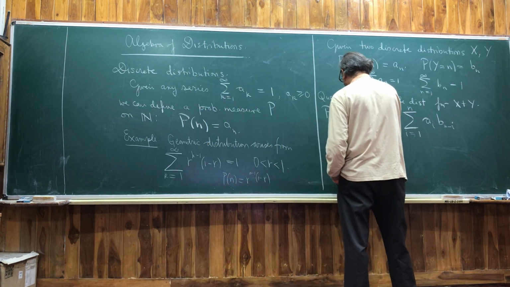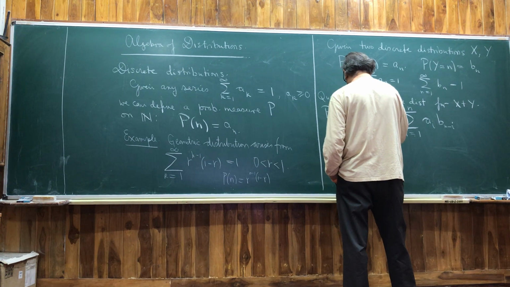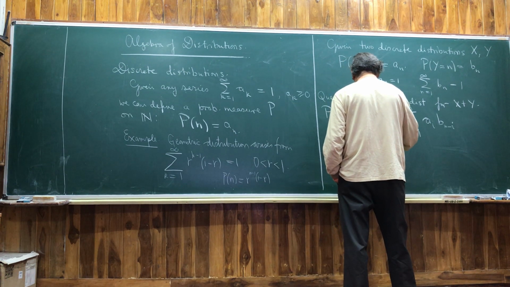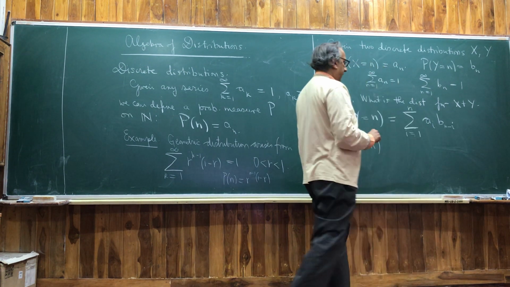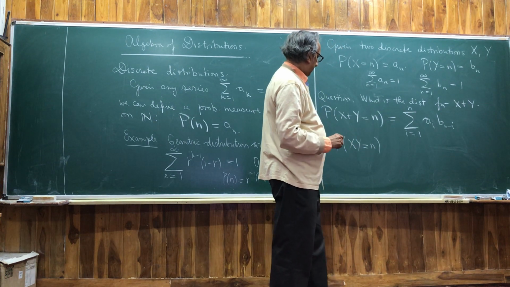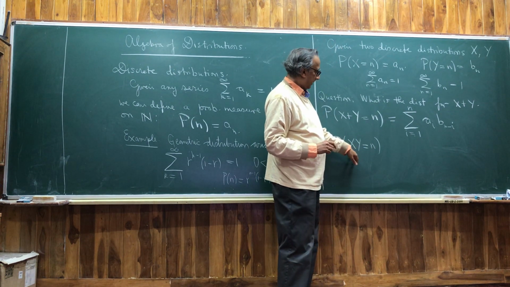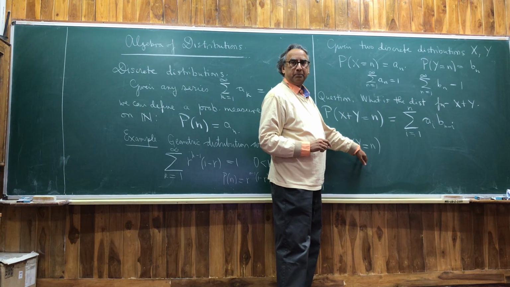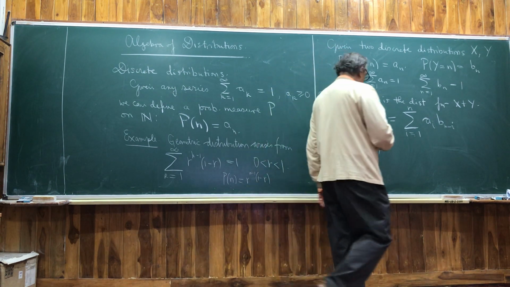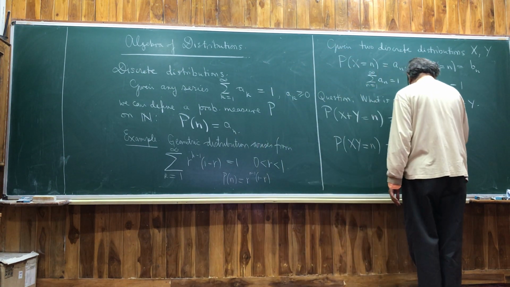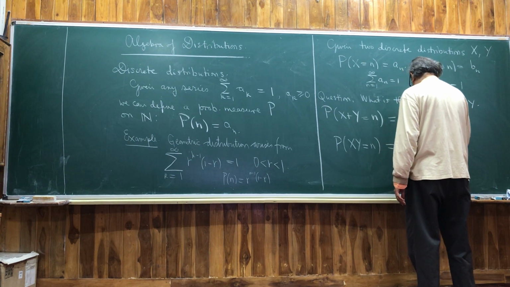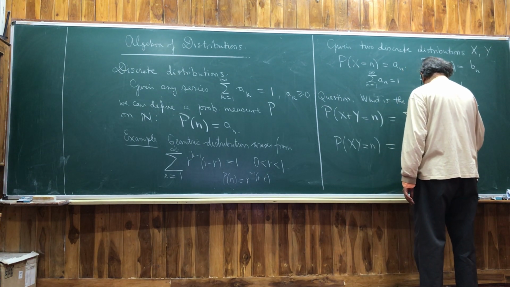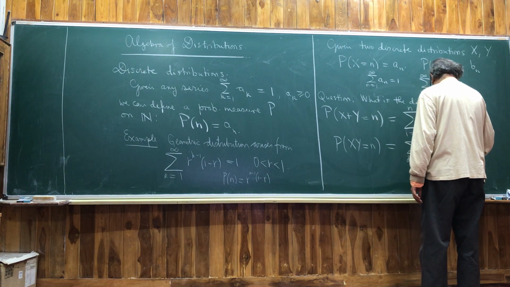And if I asked you, for example, what is the probability that xy equals n, then you see immediately that this has to take on a sub d, and this has to take on b sub n over d. So it's what's called a Dirichlet convolution: sum over d dividing n of a sub d, b sub n over d.